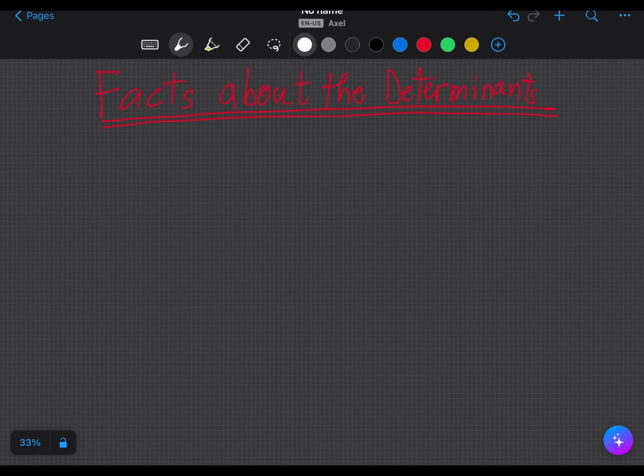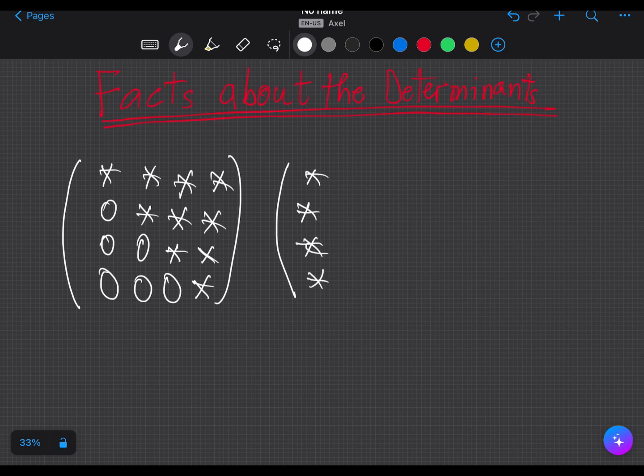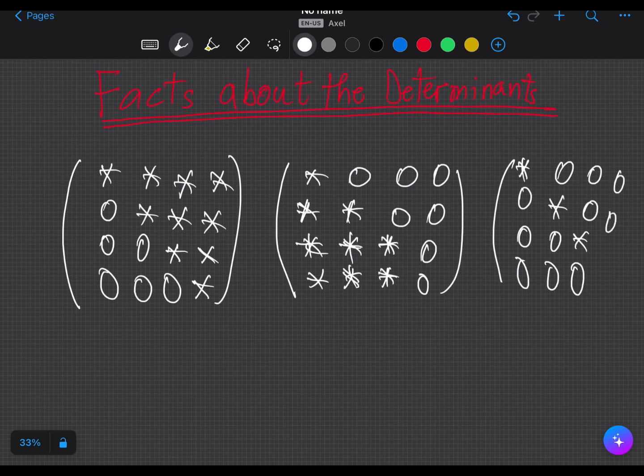Welcome to this new video where we will present some important facts about determinants that you need to know. So if we consider a matrix like this, and then another matrix like this, and another one like this, with zeros.